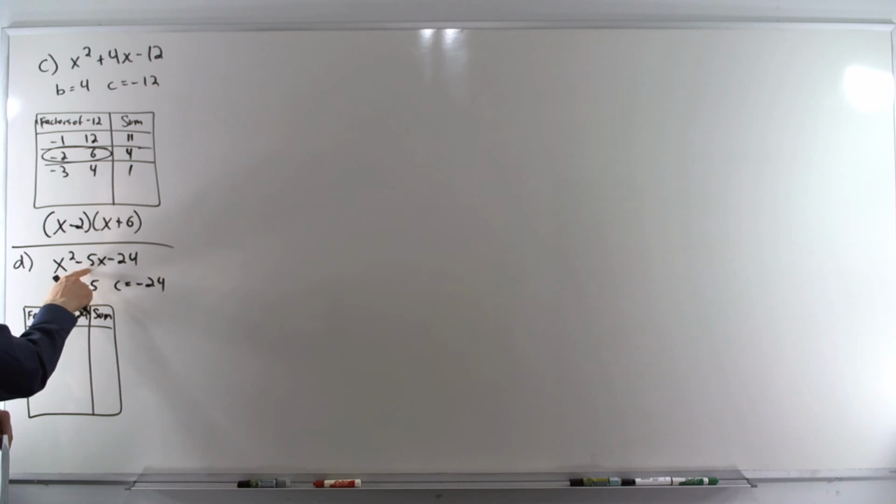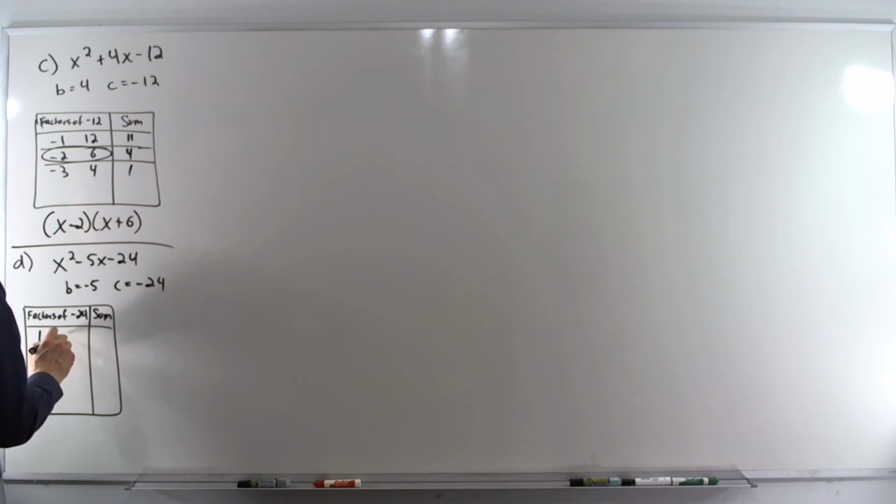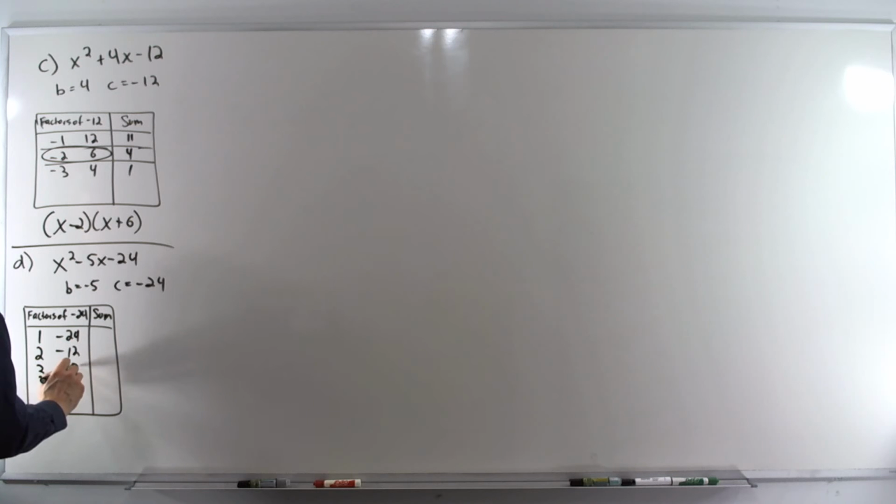The middle value, -5, is negative, so that means the bigger number must be negative. So we could have 1 and -24, 2 and -12, 3 and -8, 4 and -6.